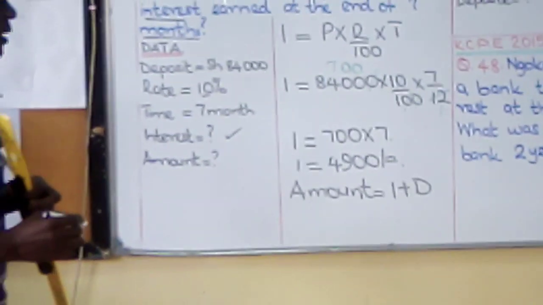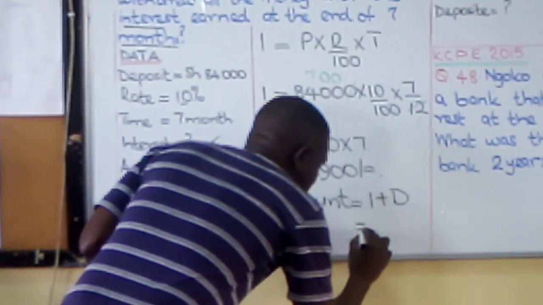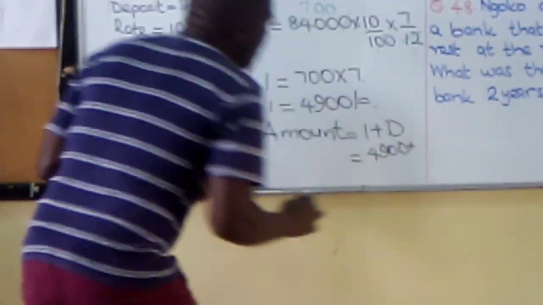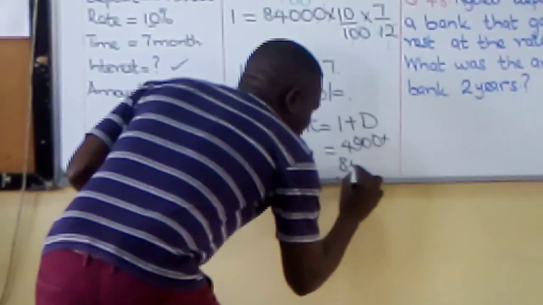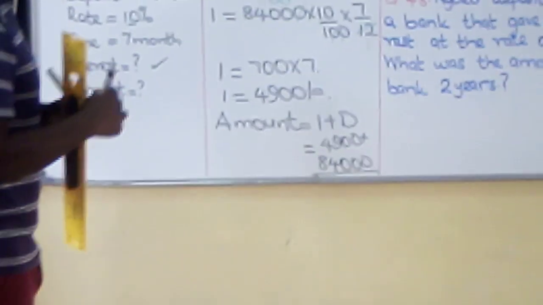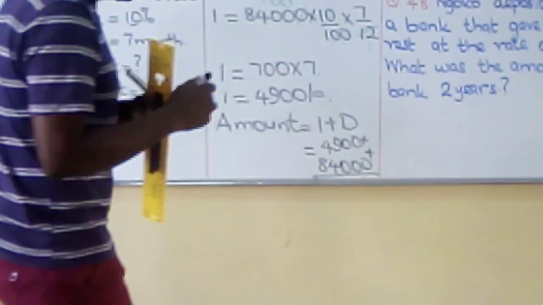Yes, and so the interest is 4,900 shillings, and the principal is 84,000 shillings.